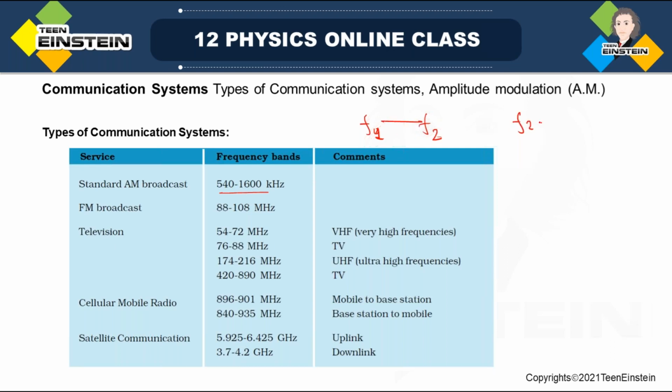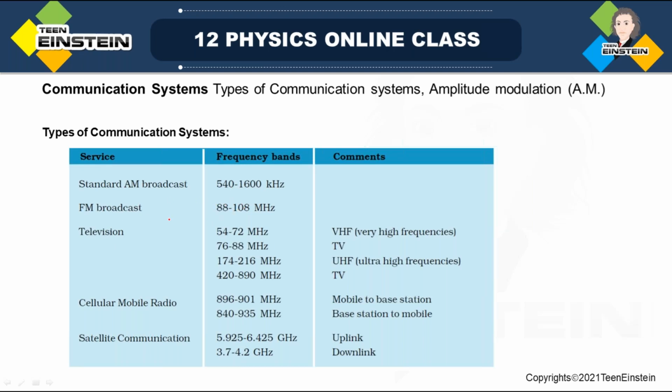The difference between f2 and f1 is called bandwidth. This bandwidth is required for good communication. If you have more bandwidth, the quality of the communication will be better.